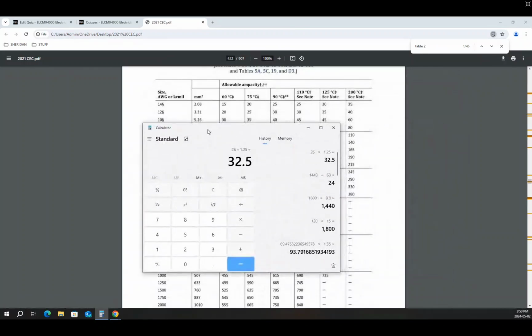Okay, so the conductor is going to be a number 10.